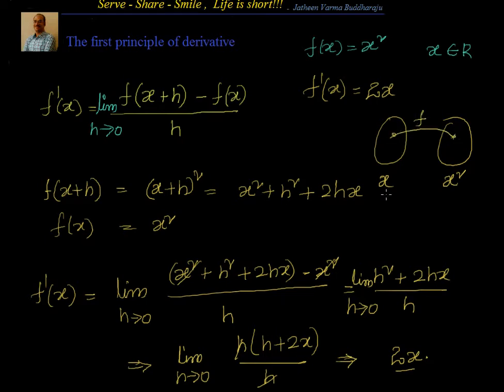So this is how the function looks like. I want to find out the derivative of the function x square. For that, I said that there is a small change in x, that the x values are changing from x to x plus h, then you will see that f of x also will become (x plus h) whole square.